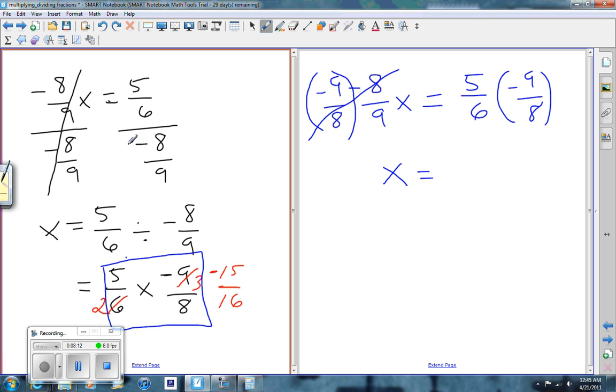You divide both sides, work it through like that. If you can remember that you can get rid of a fraction that's sitting there with this multiplication by just multiplying by its reciprocal, well, you can do that. Same thing here. It's going to reduce to 2 and 3, and I end up with 15/16 pretty easily, pretty quick. I think this is a nice way, keeping in mind that reciprocal, nice way to get those equations with fractions solved.